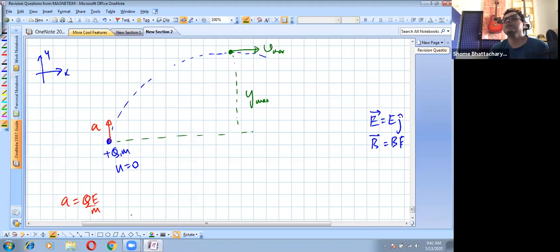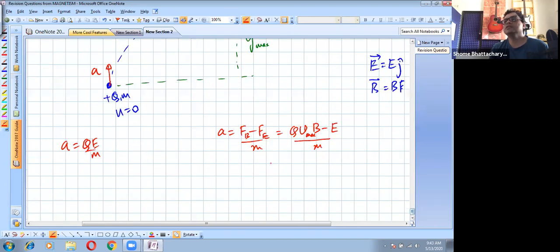Now, at this point of time, its acceleration will be exactly downwards and of same magnitude. So at that point, the acceleration will be magnetic force minus electrostatic force divided by mass. So it will be (Q V max B minus QE) divided by m.